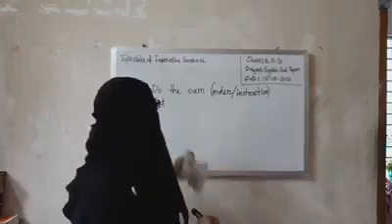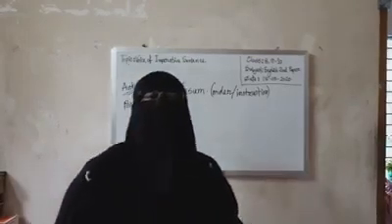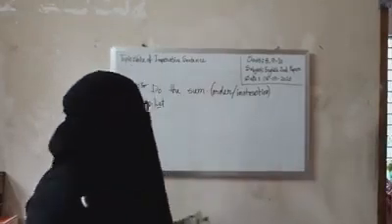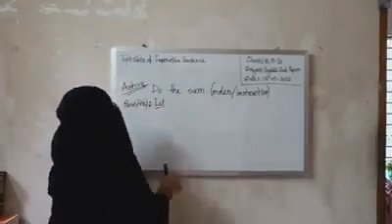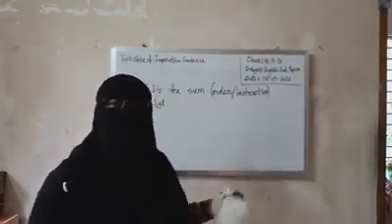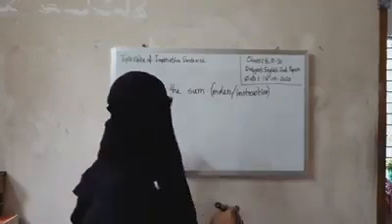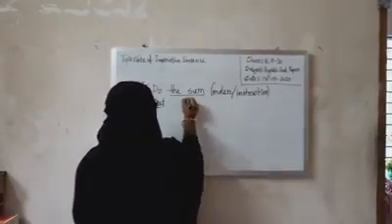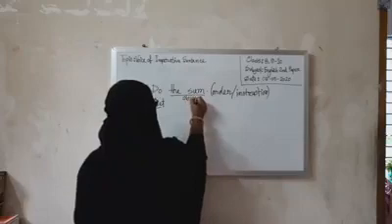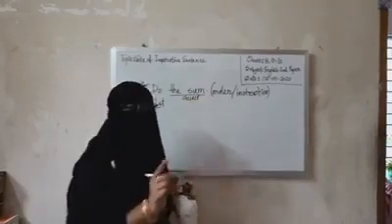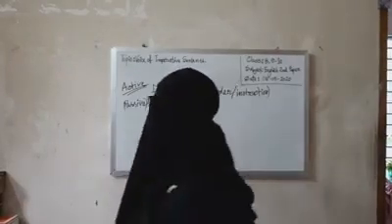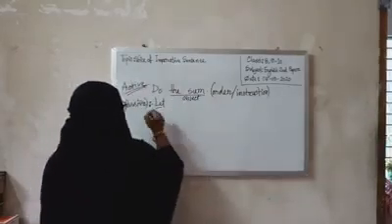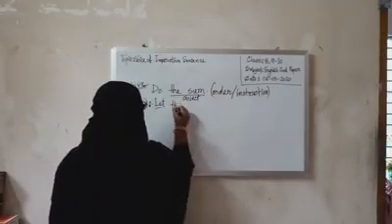Then we have to select what the object is. Here, do the sum, অঙ্কটি করো. Here we find the sum as an object. So we have to take it after let. Let the sum.